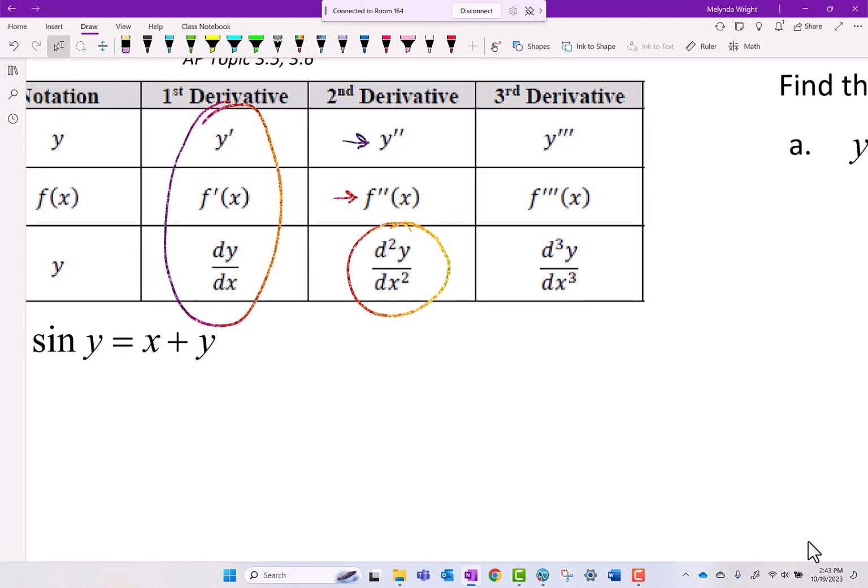So let me explain why the twos are where they are. This two means the second derivative. This two means with respect to, that's an abbreviation, WRT, with respect to x for the second time.